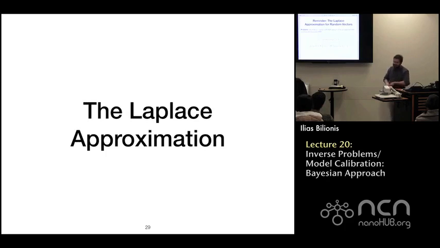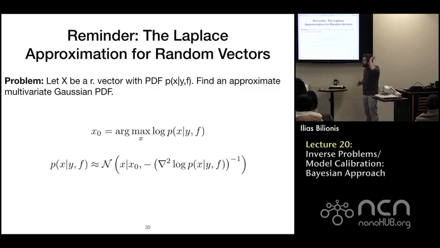All right, so the Laplace approximation. Let me remind you what the Laplace approximation is. So the Laplace approximation takes an arbitrary probability density, and it gives you a Gaussian approximation to it. Okay, how does it work? You take the probability density, you take its logarithm, and you do the Taylor expansion of its logarithm about the maximum of the probability density, and then you truncate at the second term. That's how you do it. So if you don't remember the details, you can go back and look at that lecture.